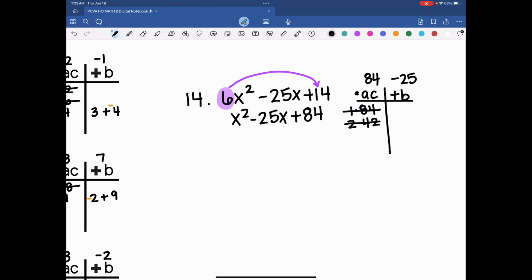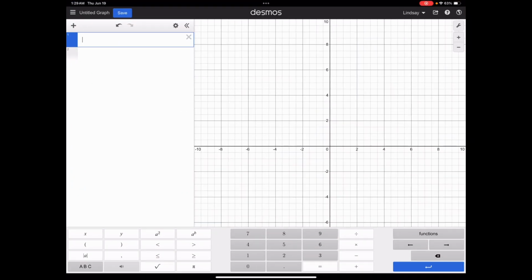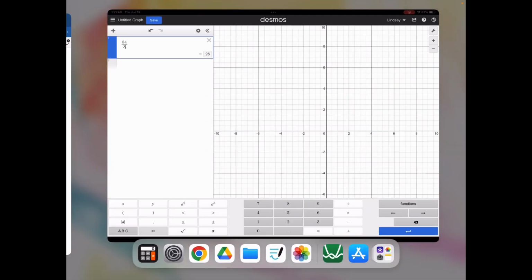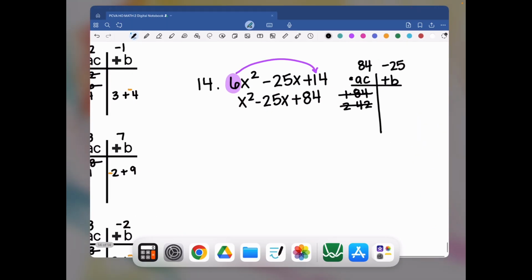So what happens when you're struggling to think about what other multiples that you have? I'm going to pull up Desmos and just start dividing 84 and see what I can find. So with 3, I have 3 and 28. And we're looking for it to be 25. Well, 3 and 28 could potentially work.